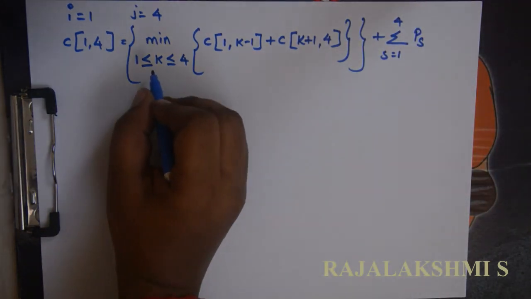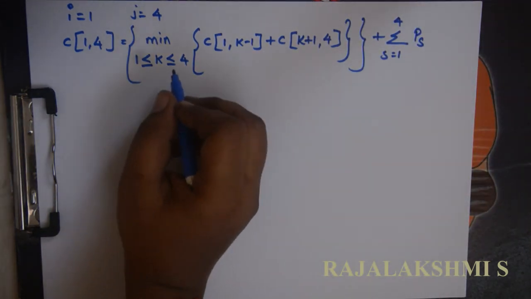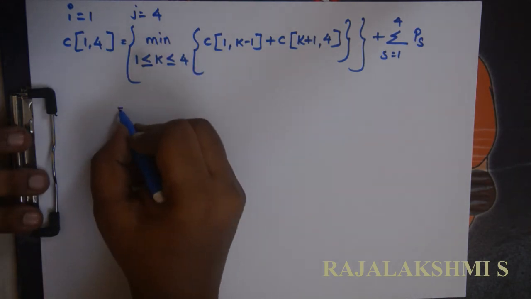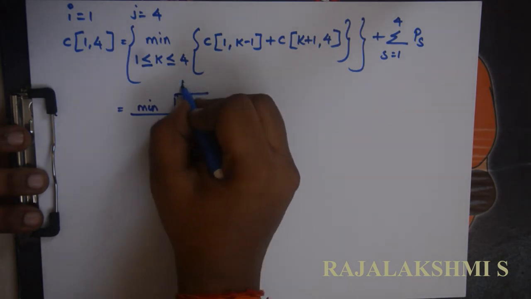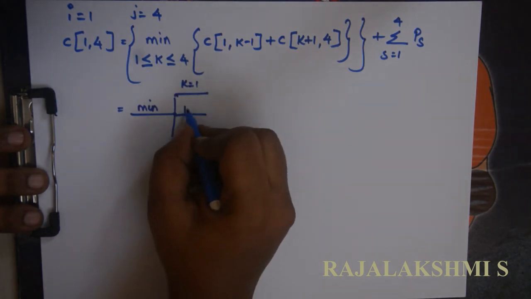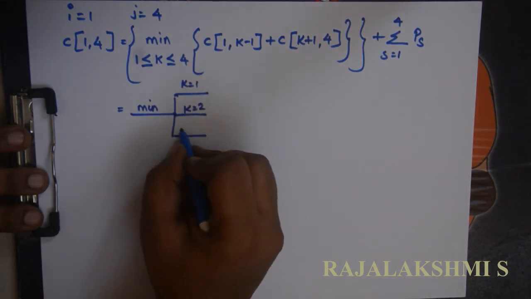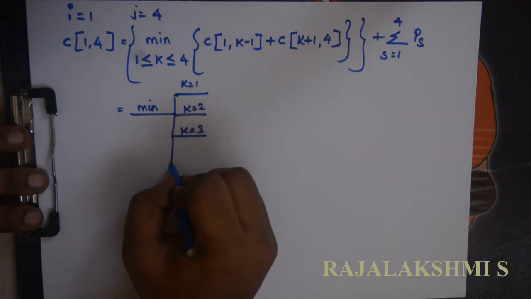So now k will take all the integers from 1 to 4.